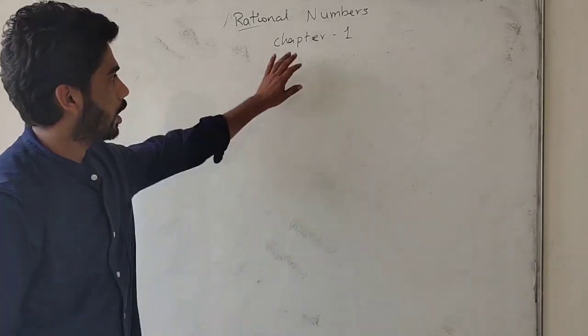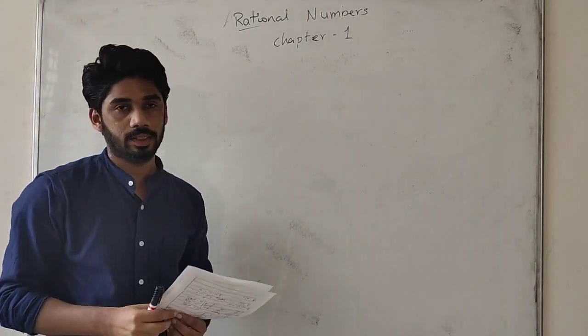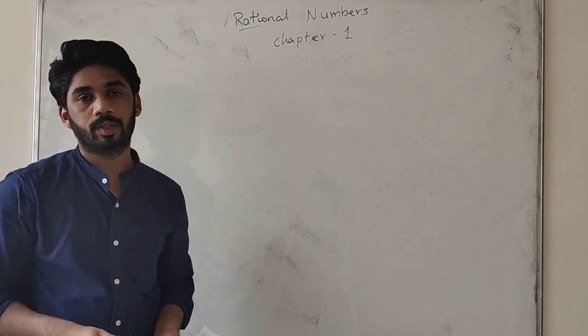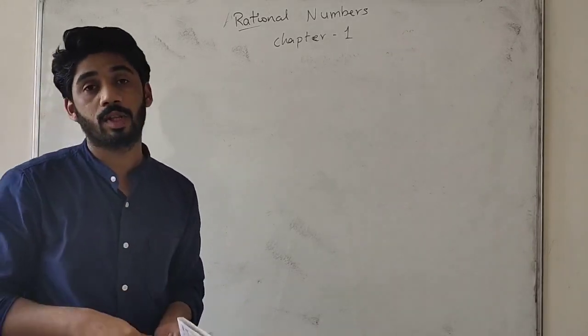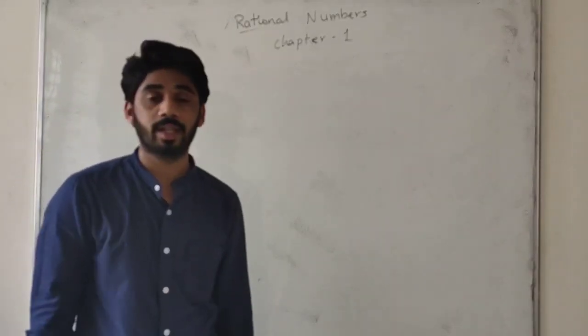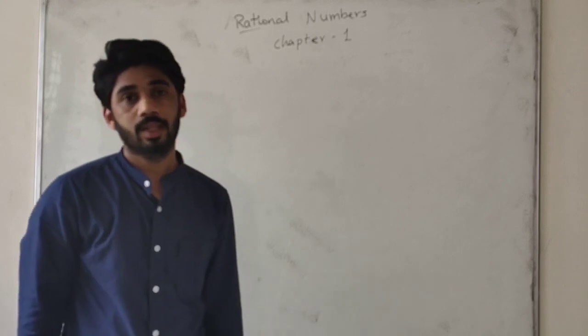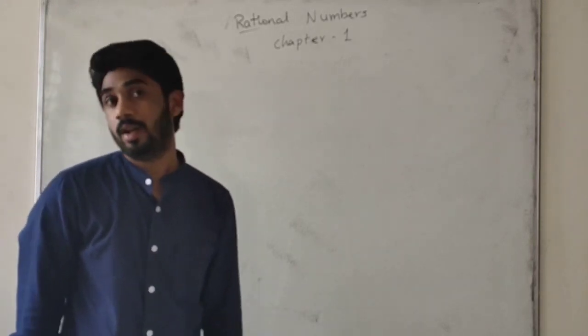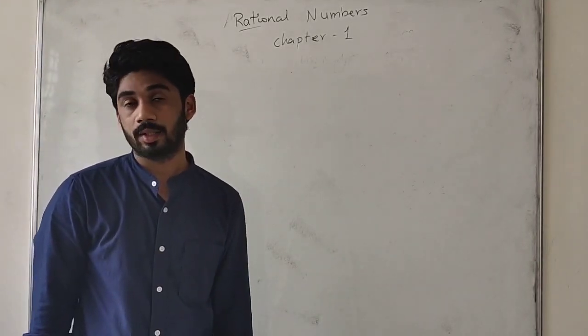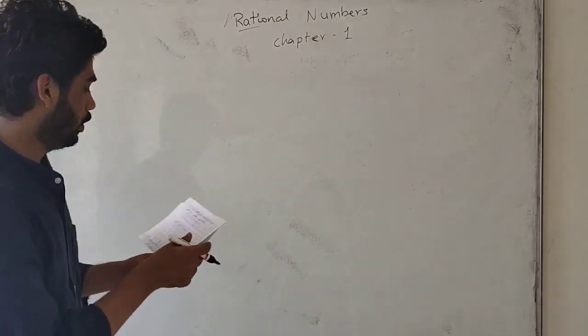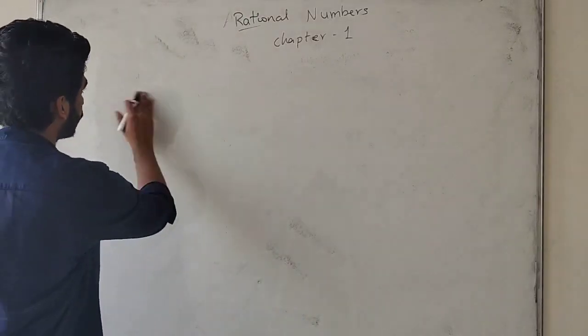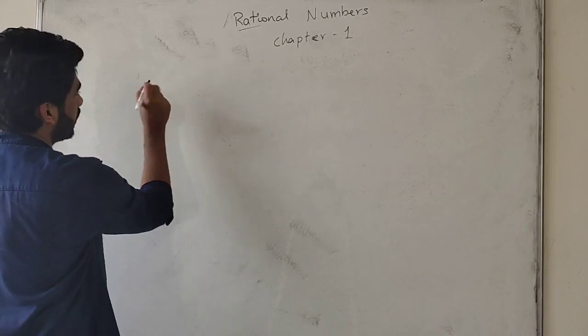Students, before coming to the chapter, we must know the basic sign rules. Minus into minus is plus, minus into plus is minus, plus into minus is minus, plus into plus is plus. How are the rules framed? This basic rule must be known.